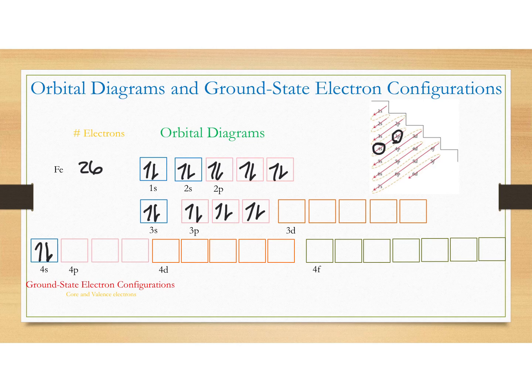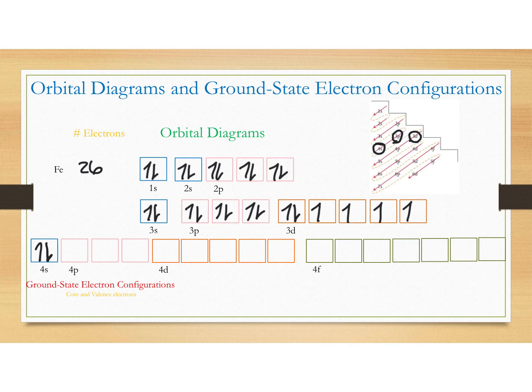When I get the 4s, I now go back to the 3d. So I have 20, I need 26. Fill all the up arrows first. 21, 22, 23, 24, 25, 26. This is the orbital diagram for iron.